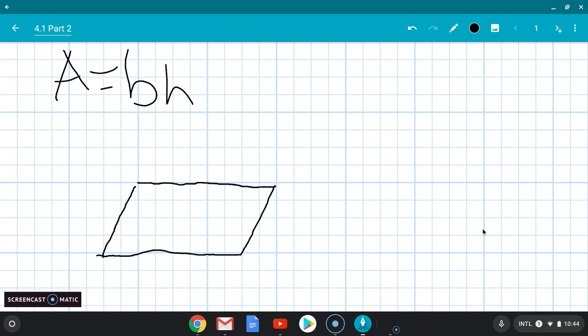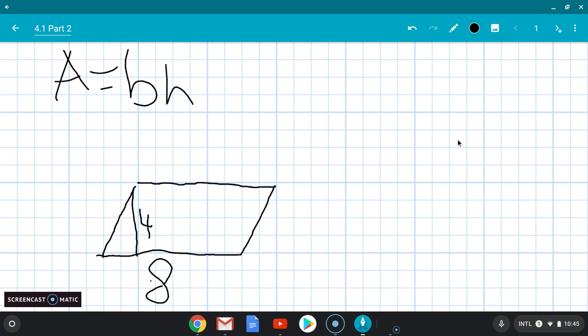So my base is going to be 8. Our height, we just have to count from one base to the other. 1, 2, 3, 4. And I'll draw a line to show my height is 4.